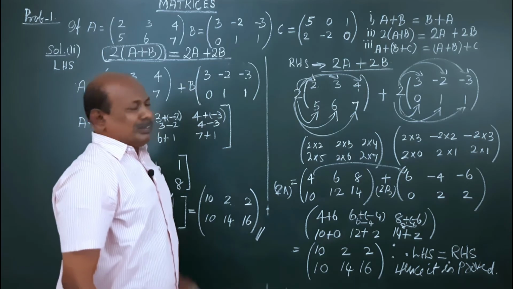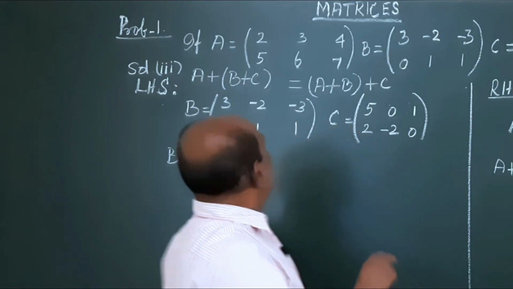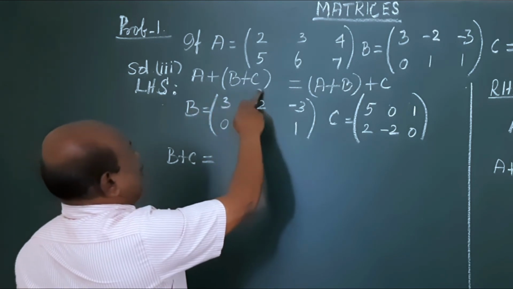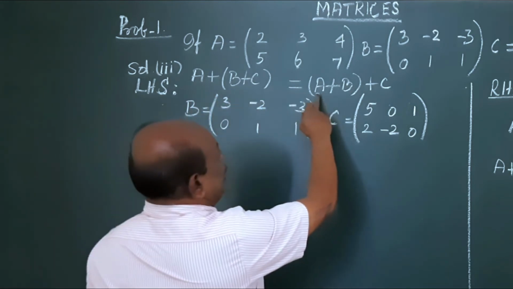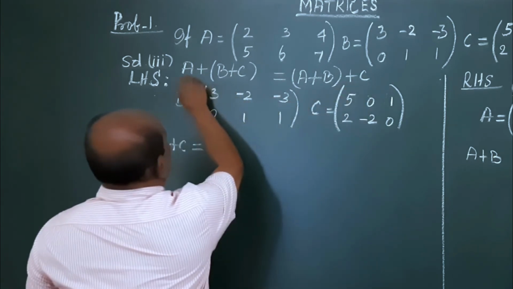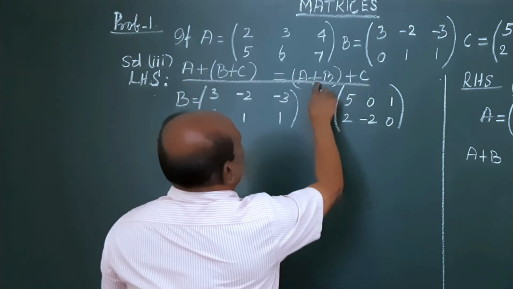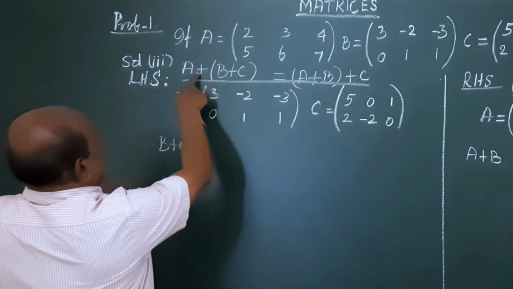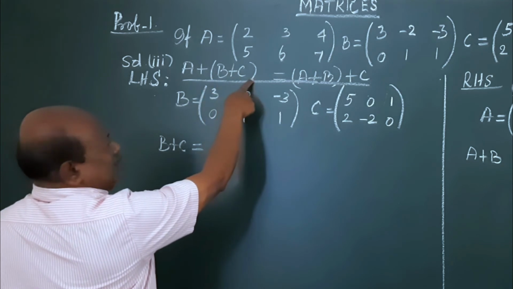That is over. The next example, that is third one, is A plus (B plus C) equal to (A plus B) plus C. We have to prove it. This is the third example. Now take left hand side. A plus (B plus C).